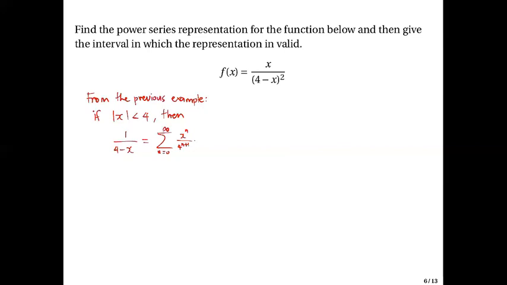So what we're going to do to obtain 1 over 4 minus x squared is just get the derivative of this.